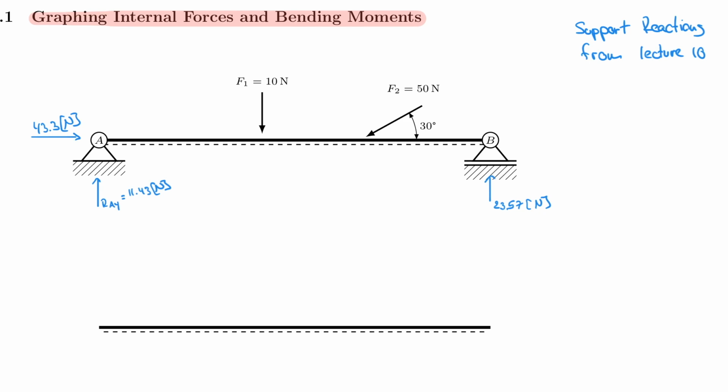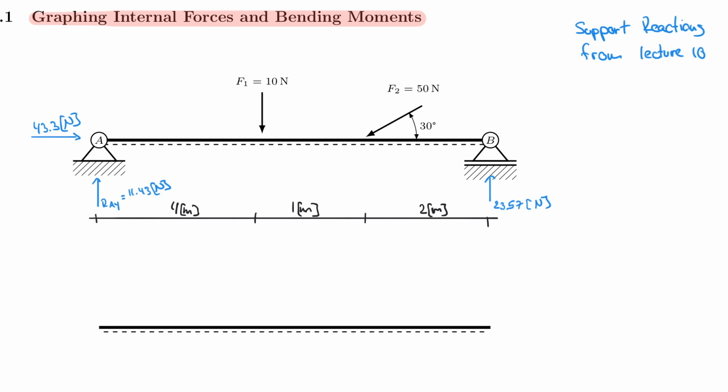Let's remember that the beam had dimensions of, I believe, 4 meters on the left side. Then we had 1 meter in between the two forces, and we had 2 meters at the end here.